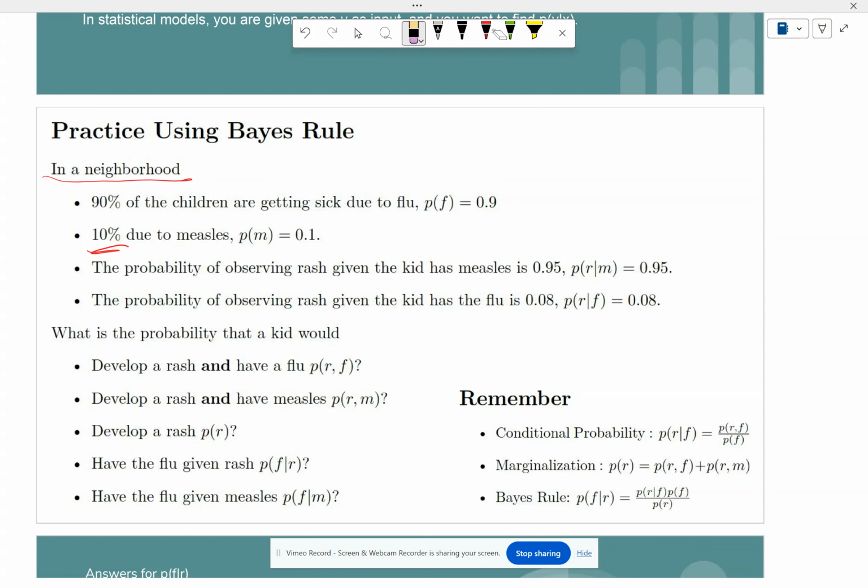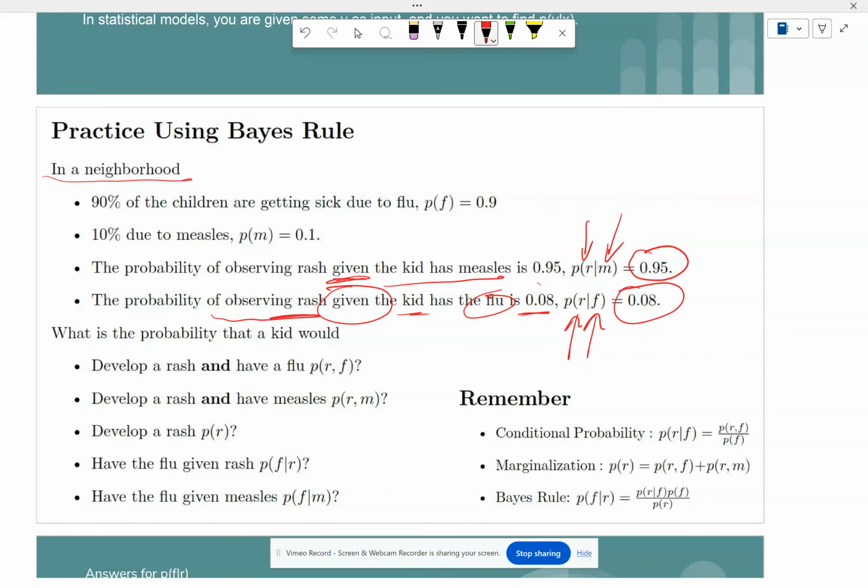The probability of observing a rash given a kid has the measles is 95%. So probability of rash given measles is 95%. The probability of observing a rash given the kid has the flu is 0.8. So rash given flu is 0.8.